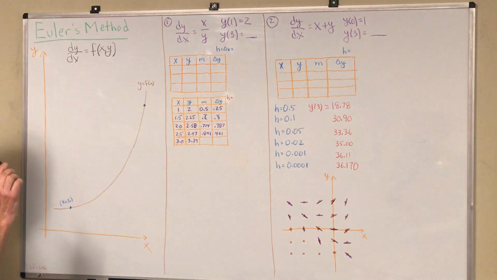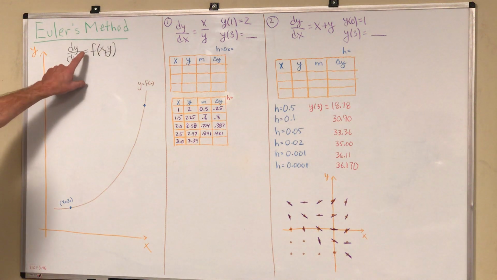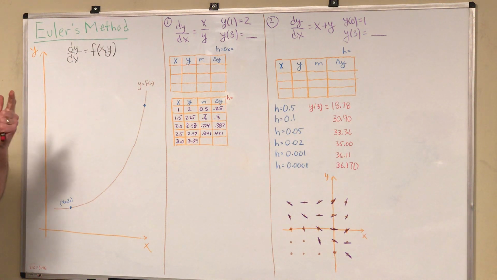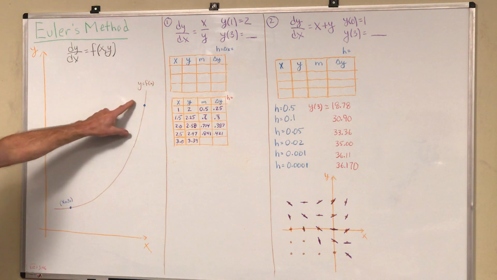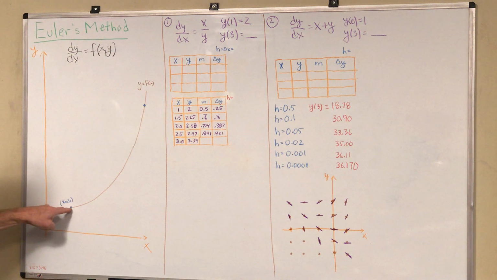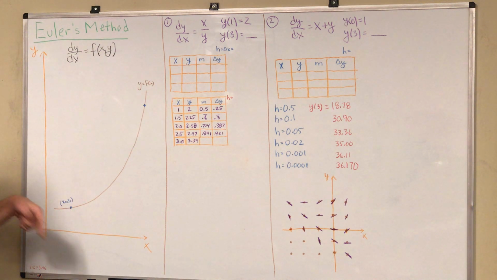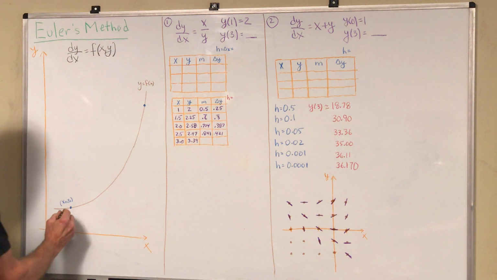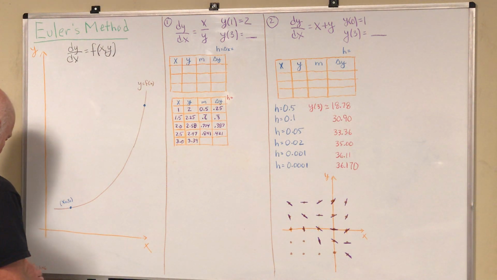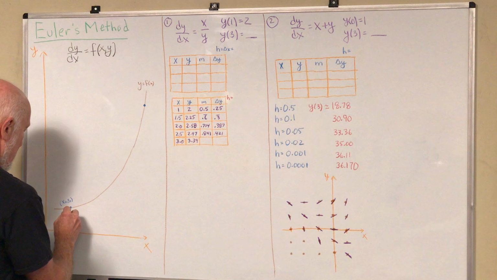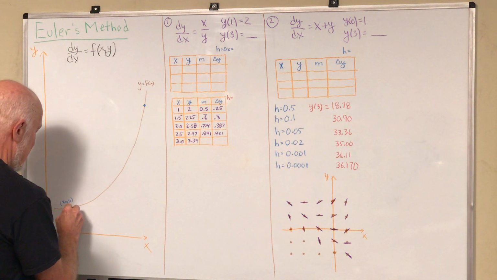So the one thing we do know from a differential equation are slopes. So if we really wanted to try to approximate this curve, and we know it goes through this point, what might be a good idea is to take its slope. So if we took its slope, we would be getting a tangent line.